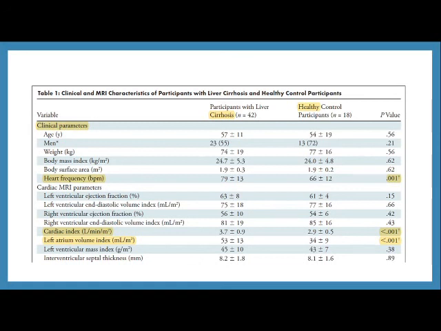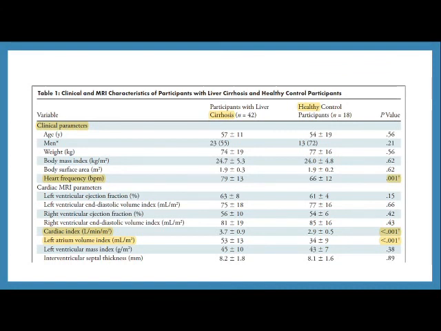Here are some tables. Basically, I'll just emphasize those that have a p-value less than 0.05, which implies a statistically significant value. Some are clinical parameters. We won't focus much on that.